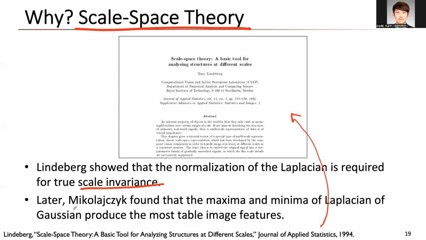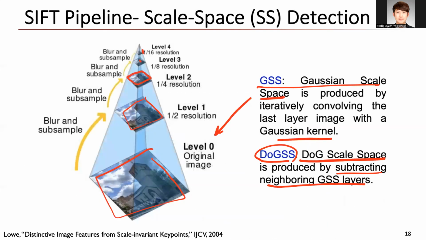And later, Mikolajczyk found that the maximum and minimum of the Laplacian of Gaussian produced the most stable features. And anyway, they found that this kind of difference of Gaussian, the difference of scale space images, can be used to localize the feature point.